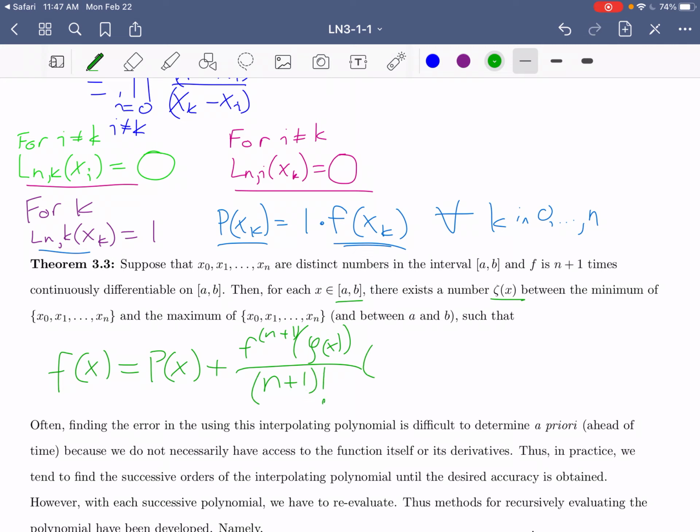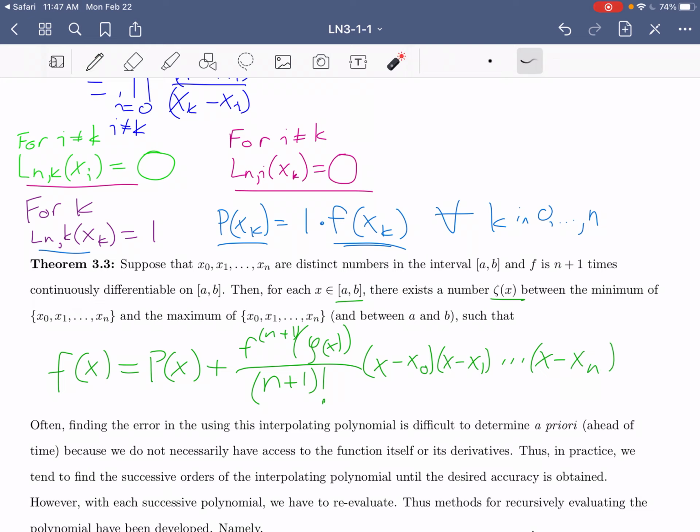But it's not just that, it also gets multiplied by x minus x0, x minus x1, all the way up through x minus x sub n.